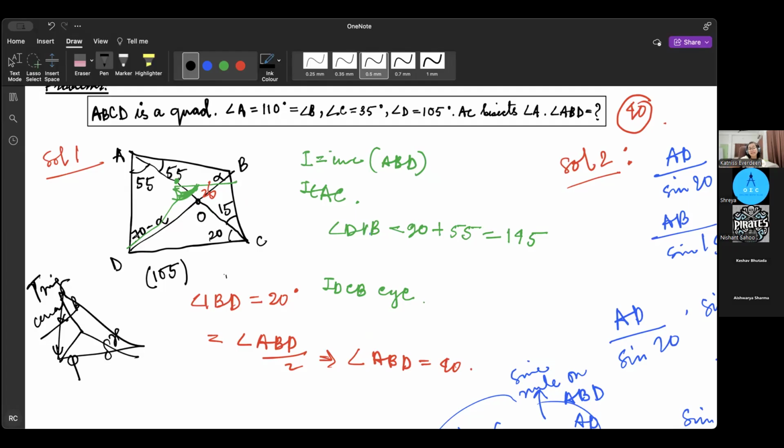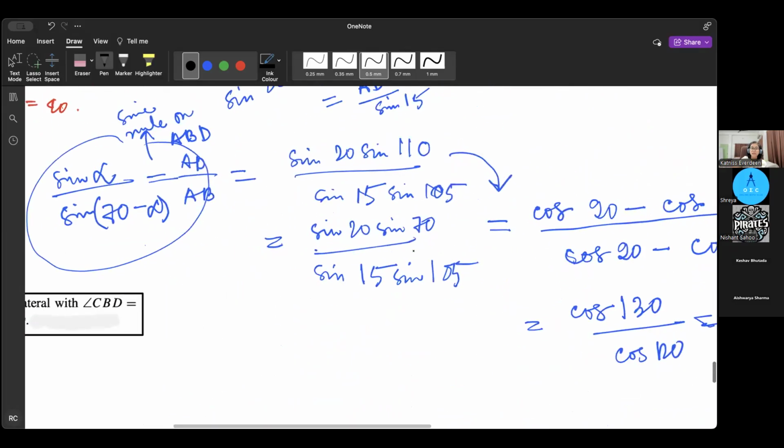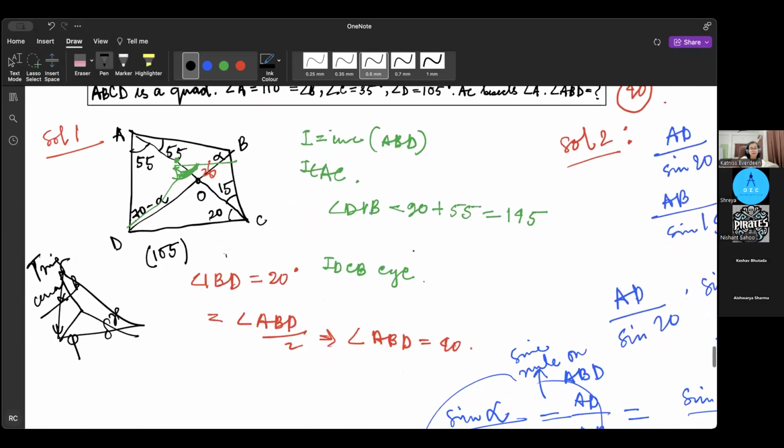And at D, one of the angles is 70 minus alpha, and the other one is angle D, which is 105. What I essentially wrote down here, this big thing, was nothing but the trig Ceva for BCD. So if you modify that a little, you'll just get the trig Ceva. So that's also another approach you could try.